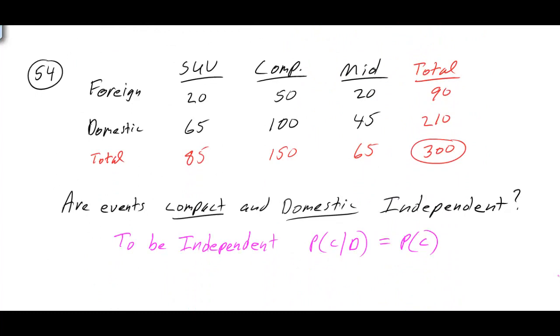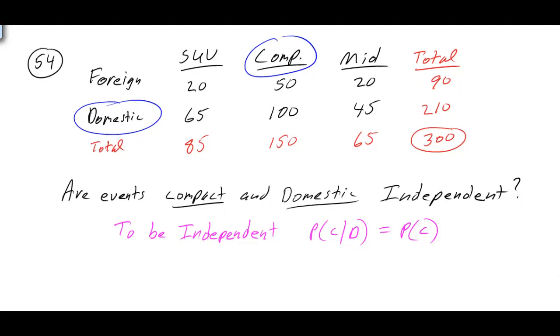Okay, number 54. Here we look at types of vehicles. It says the Bargain Auto Mall has the following cars and trucks in stock. We have foreign and domestic, and then we break that down into SUV, compact, and midsize. And I've inserted the total here. And the question is, are the events of compact, so here's our compact, and domestic independent?